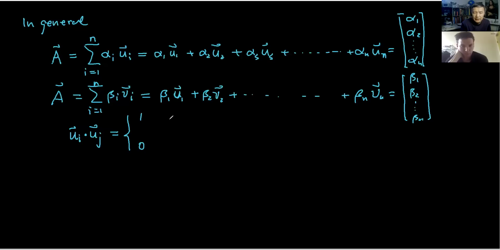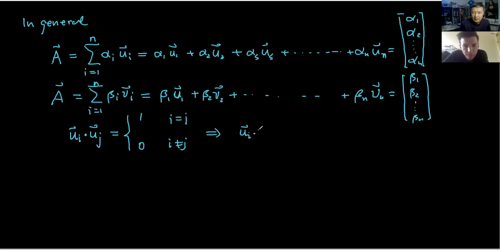It equals 1 when i equals j. If they're the same, the product will be exactly 1 unit. But if i is not equal to j, it's 0. So eventually we will use a simpler, more compact notation to represent this orthogonal property.